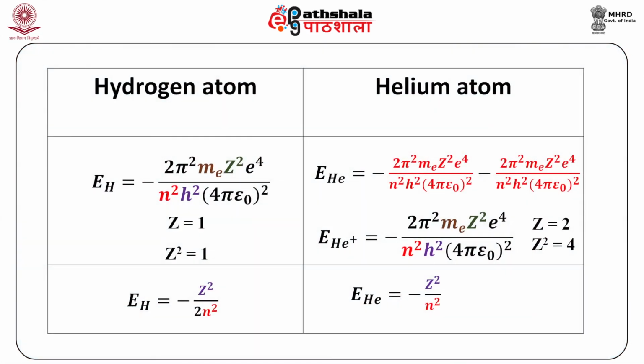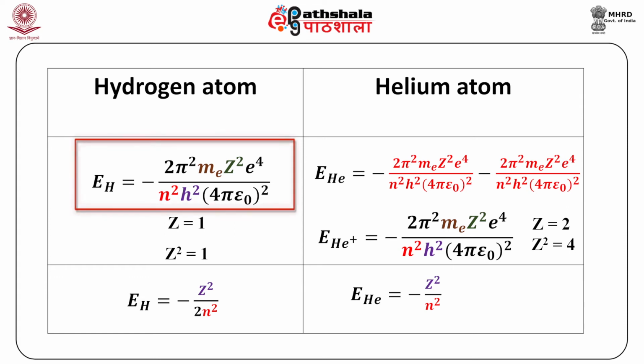Now in this table, you can very easily see a comparison between the energy of the hydrogen atom and the energy of the helium atom and the corresponding energy of the helium ion. On the left hand side, the energy of the hydrogen atom is given by minus 2 pi square m Z square e to the power 4 divided by n square h square, and in parenthesis we have (4 pi epsilon 0) whole square.